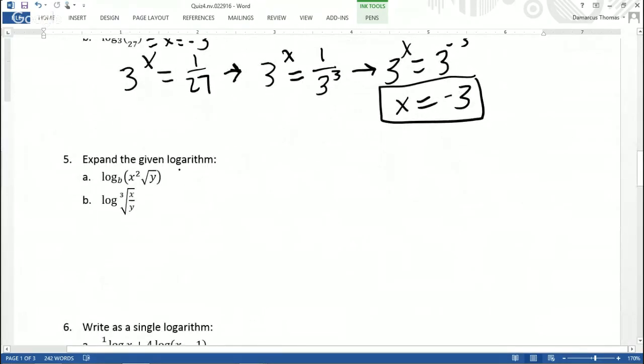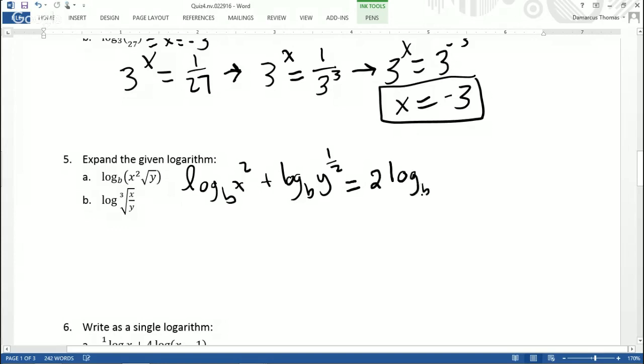It says expand the given logarithm. And so we have a product, and each factor can be written as an exponent. So it's nothing more than log base b of x squared plus log base b of y to the 1/2 power. And I can rewrite both of these as 2 log base b of x plus 1/2 log base b of y. Same idea here.